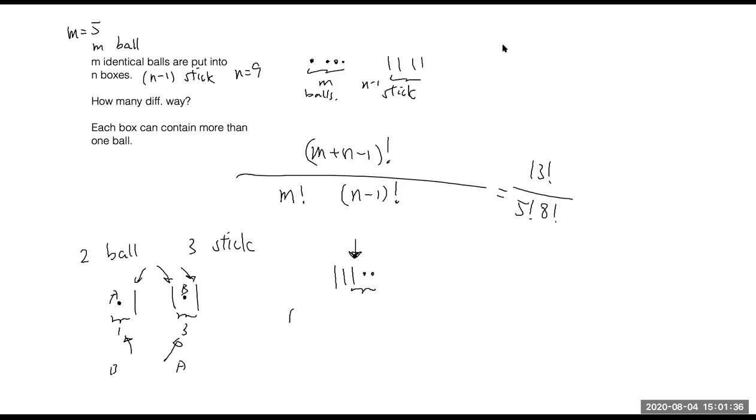So you save the screen, okay? And then let's go on to talk about the number theory. Actually, you have learned more than enough in combination.